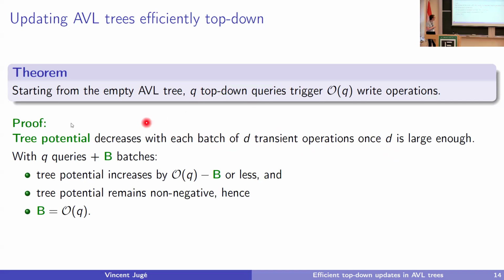Now if I have Q queries and B batches, the number of batches will be linear in Q because of the same arguments as before. Therefore, the total number of write operations will be linear in Q as well, which is exactly what we wanted. We wanted a top-down algorithm with a constant amortized number of write operations per query.